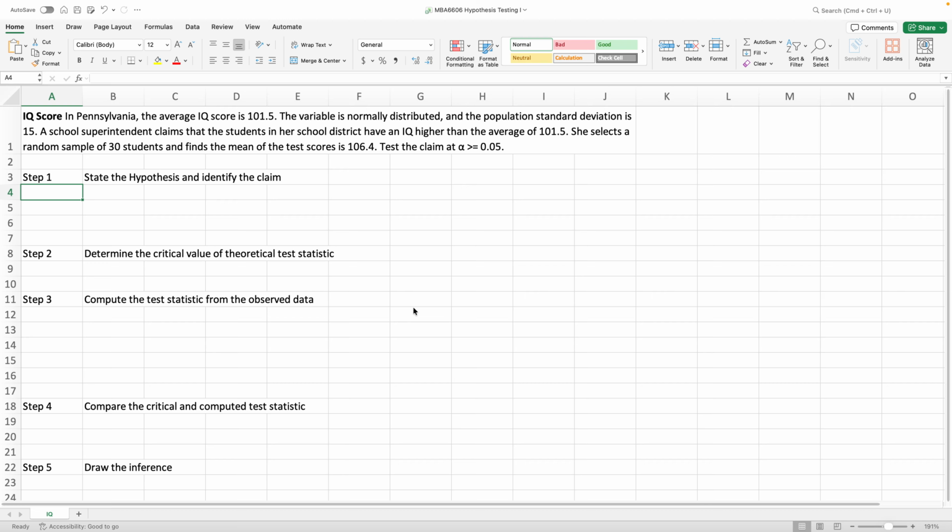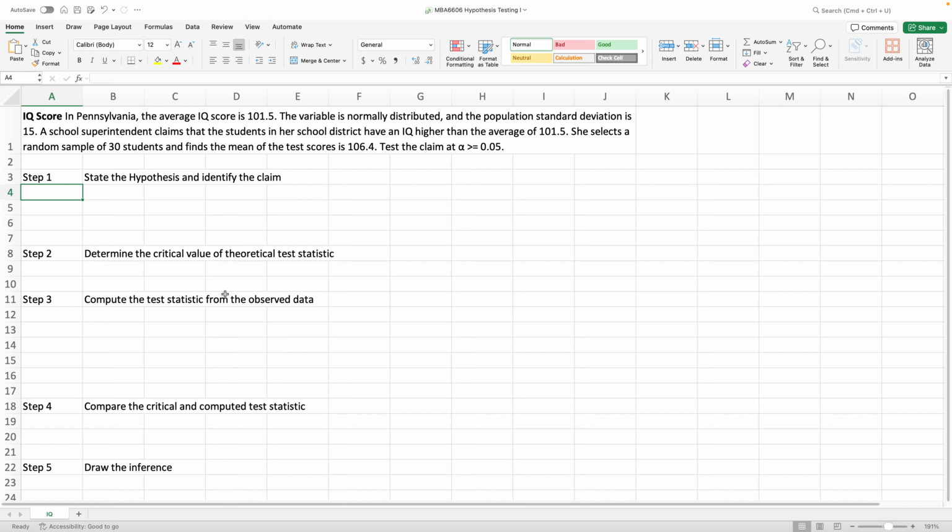Now we see that 106.4 is higher than 101.5, but we need to determine whether this difference is because of randomness or it is indeed different from 101.5, which is believed to be the average score.